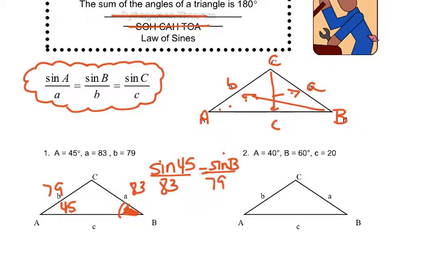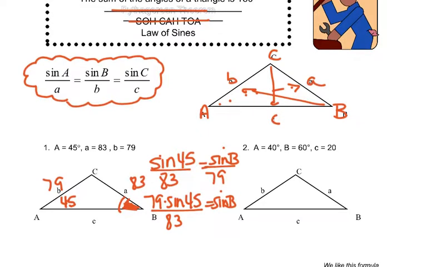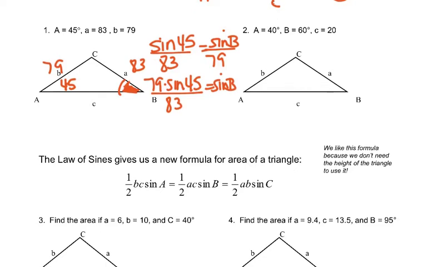This is actually kind of a harder one to start with because you're solving for an angle, but you're going to cross multiply, you're going to remember this, and then divide both sides by 83. And then when you type that all in your calculator, you'll get a decimal, but that decimal is the sine of that angle. So you want to do the inverse sine of whatever that answer is. That's the easiest way to do that. And you get angle B is equal to 42.3 degrees.